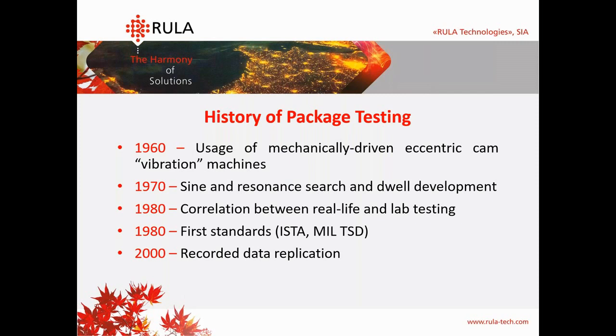I think you're familiar with ISTA and MIL-STD, and these standards covered some packaging. And now, from the 2000s, engineers started to use recorded data to replicate real-life events. For example, you can record road shaking and replicate it using a vibration system and a shaker.